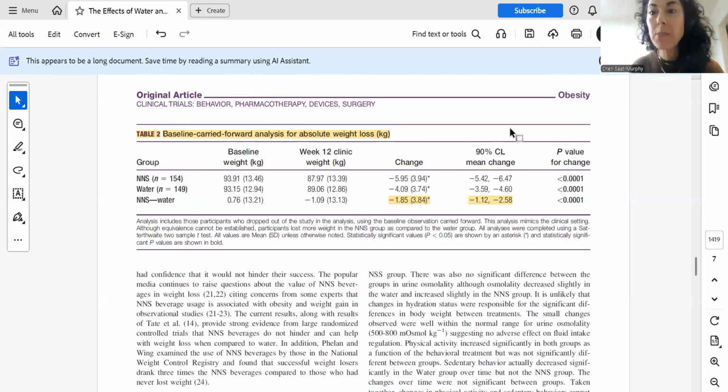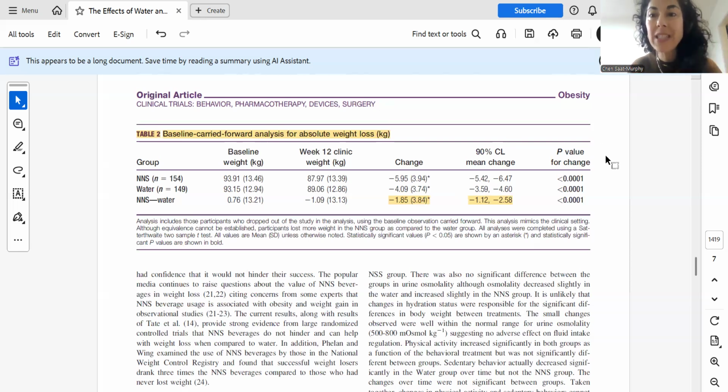And we can be 90% sure that if you follow the exact same protocol for the water group, you're going to lose between 3.59 to 4.60 kilograms after 12 weeks. Okay? So this is what the mean change says, and this is the 90% confidence intervals.